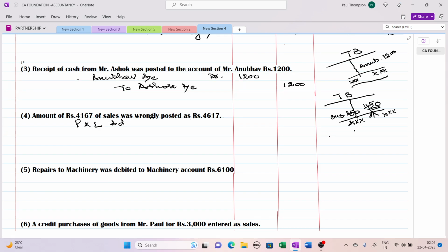PL adjustment account debit by 450. See here, now the sales figure has gone up by 450. That means in my trading account the credit side has gone up by 450. Definitely my GP would have gone up by 450.